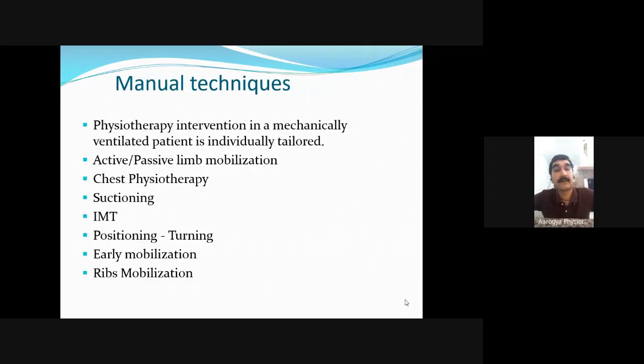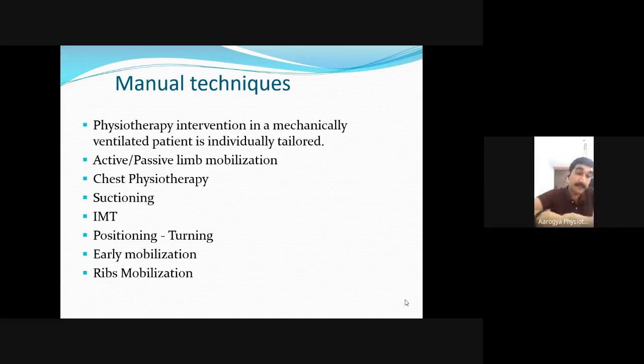Now there are multiple manual techniques as you see, but the first statement is that physiotherapy intervention in a mechanically ventilated patient is individually tailored. You look at the ventilatory mode and parameters, the monitoring parameters of the patient, and the patient's response to your treatment, all three things.